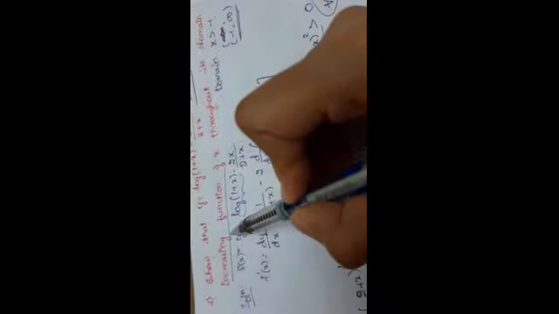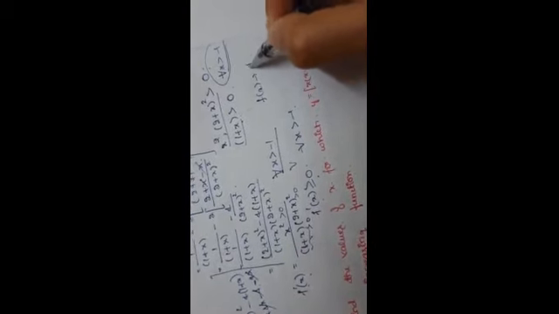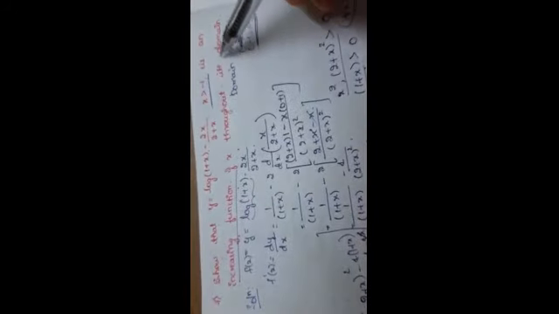What does that imply here? F dash of x is greater than or equal to 0 for all x which is greater than minus 1. So f dash of x greater than or equal to 0 means what? The function f of x is an increasing function. What they said is it is an increasing function of x throughout its domain.